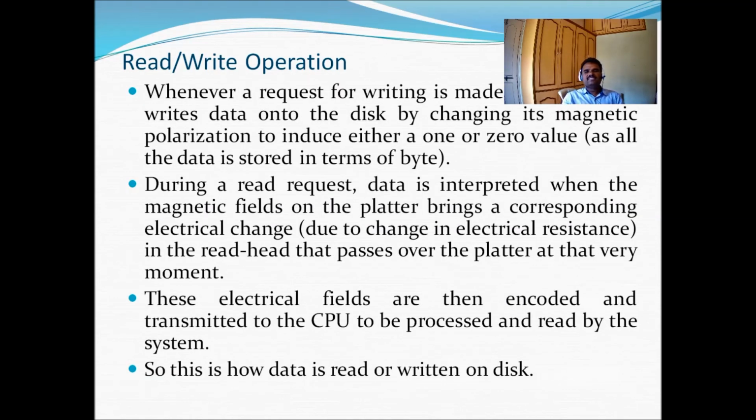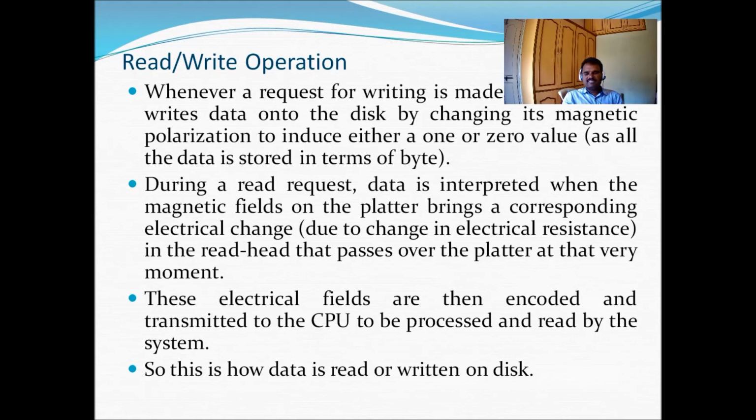Whenever a request for writing is made, the disk read-write head writes data onto the disk by changing its magnetic polarization to represent either a 1 or 0 value, and the data is stored in terms of bytes.